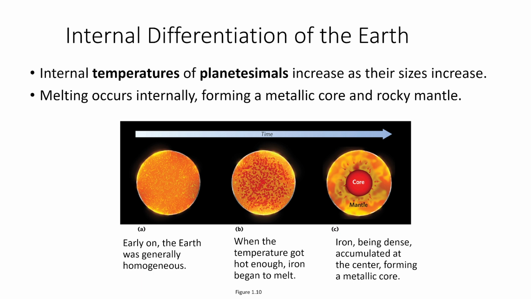So you've got that high pressure. Eventually that high pressure and temperature can melt the rock in the deepest parts of the inside, and that forms a metallic core and a rocky mantle. So all of the most dense elements like iron went straight to the core, and the lighter elements exist on the outside of Earth.